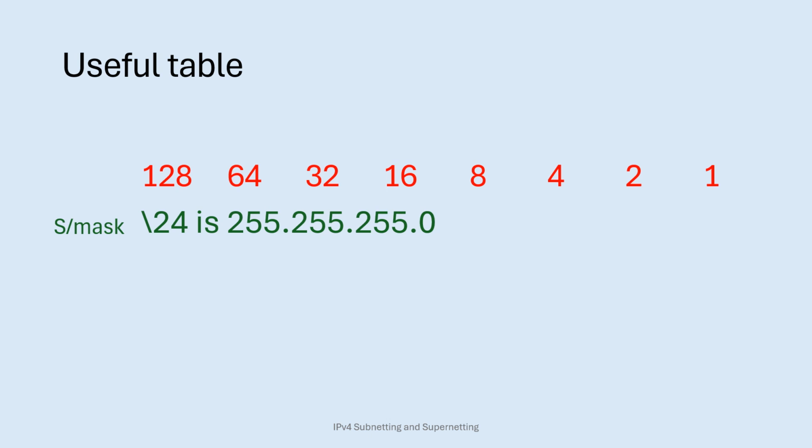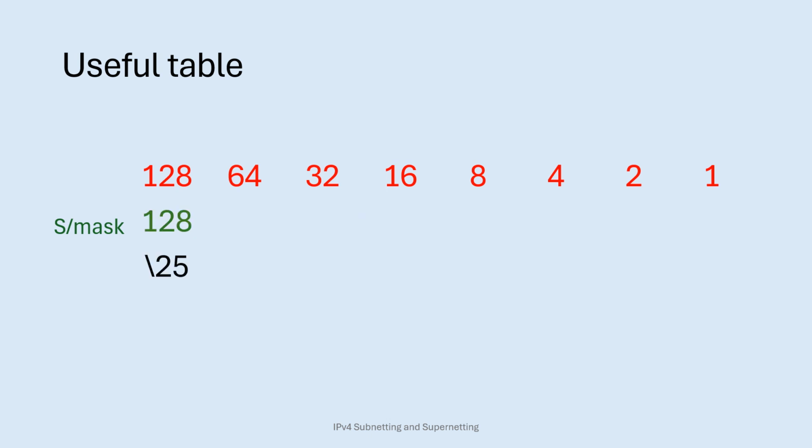Now, to have smaller networks than /24, the next example would be a /25 network. The subnet mask is now 255.255.255.128. So if we split a /24 network into /25, you've got 2 networks of almost half the size. If we wanted a smaller network, we could go to /26.